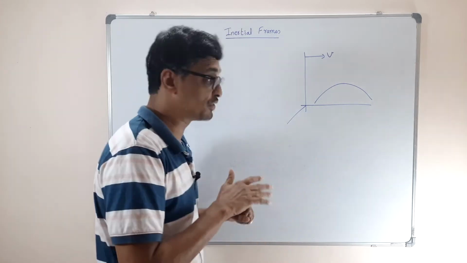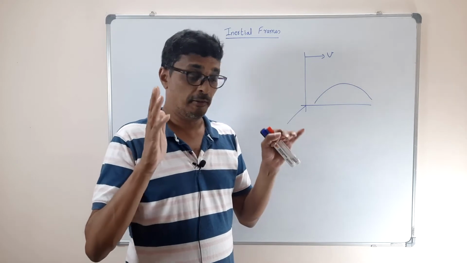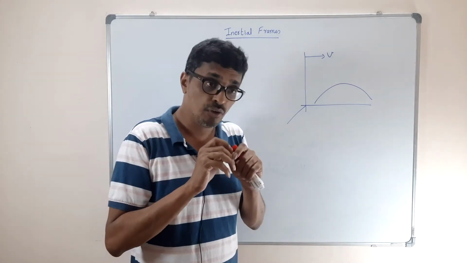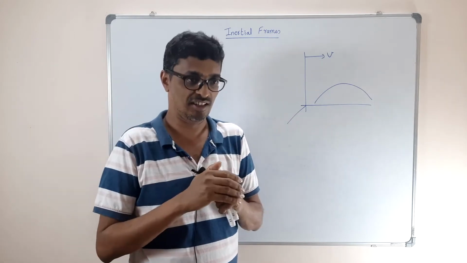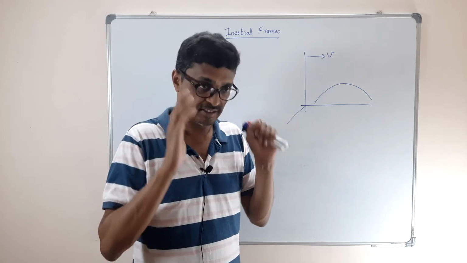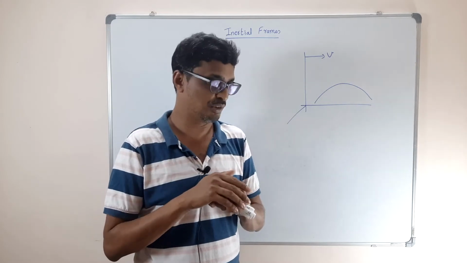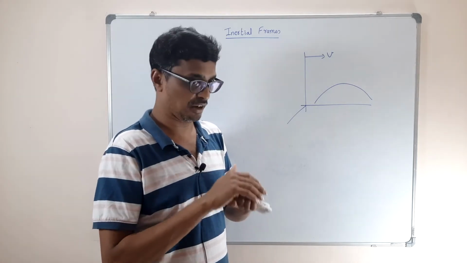So all this is what Newton's law says. All these frames which are in uniform motion to each other, moving at a uniform velocity, the laws of physics are the same, and even if you measure the quantities, they are going to be the same. Those frames are called inertial frames.